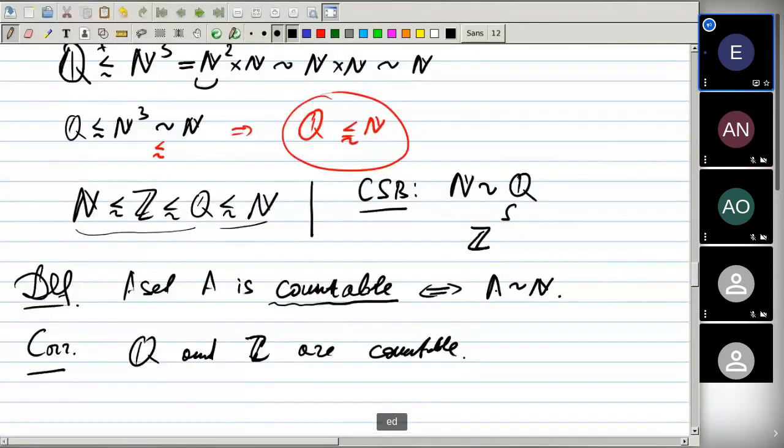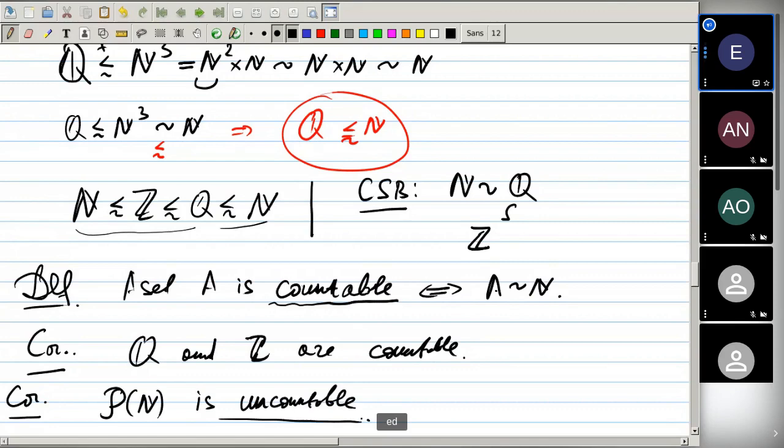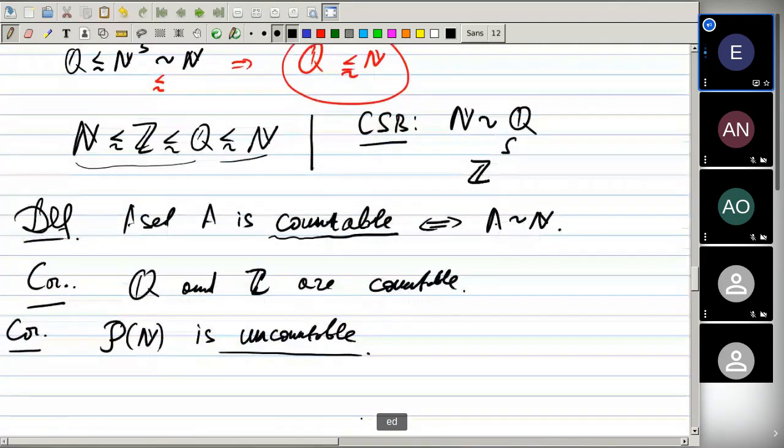So of course, as a corollary, P of N is not countable, or as they say, it is uncountable. The set of all subsets of naturals is not countable, for it is not equivalent, as we know, to the set of all naturals.